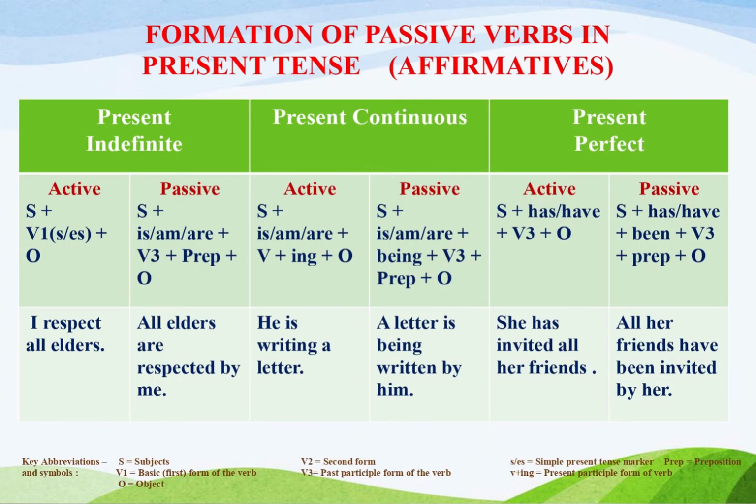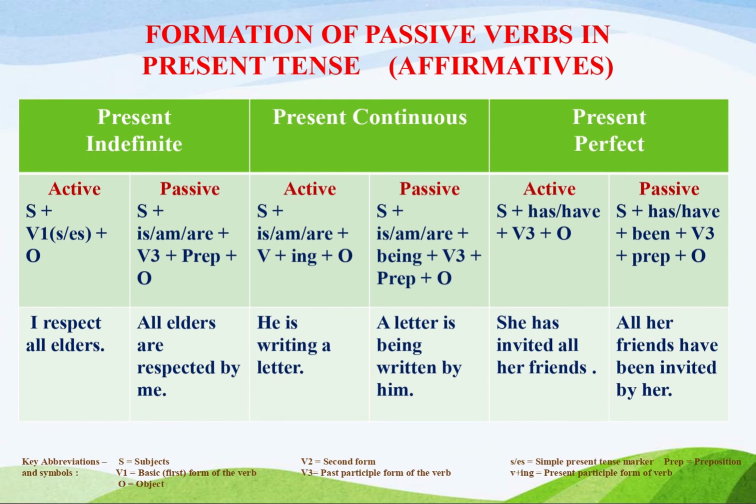So, here is the table of different tenses. We will be going through it one by one. First, we will be taking the present tense and the types of present tense. Let us take present indefinite tense first. We usually go through the formula while taking care of the present indefinite tense, that is subject plus the first form of the verb, s or es, plus object.